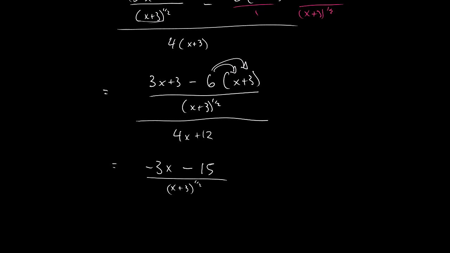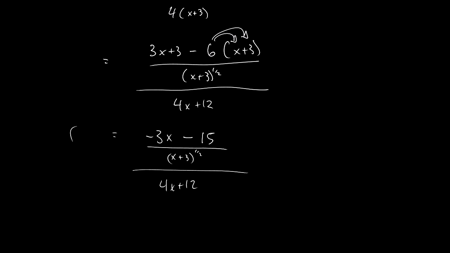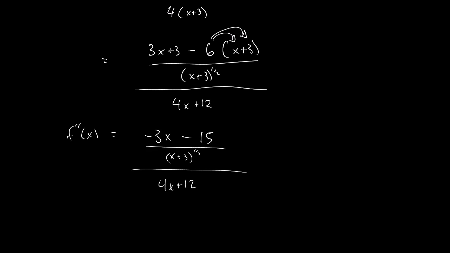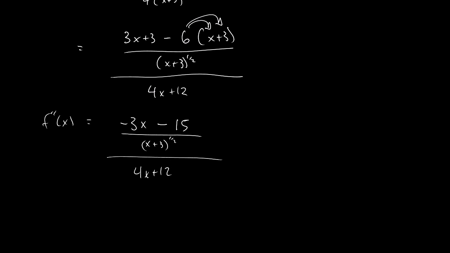And don't forget about the denominator, 4x plus 12. Alright, so we have f double prime of x. And if we remember from before, we have f prime of x, which is equal to 3x plus 6 all over 2 times (x plus 3) to the 1/2. So step 1, find your derivatives. Done.